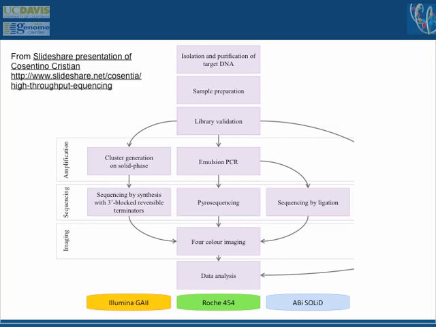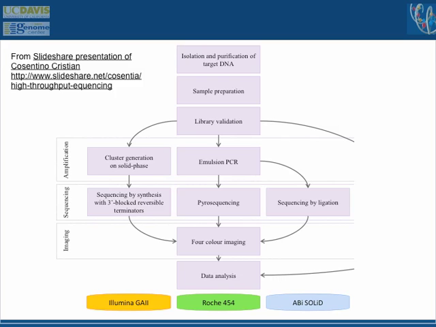You basically make little mini beads that encapsulate the piece of DNA, and you run a PCR reaction inside each of those beads. So it's called emulsion PCR. This makes lots of copies of a target piece of DNA inside a tiny microbead, say of agarose. There are different chemicals that people use, but agarose is one of them.